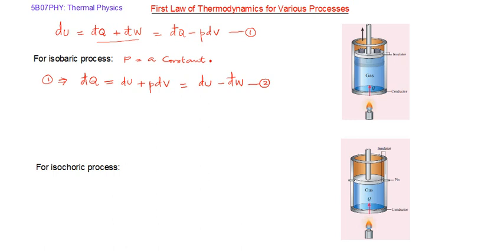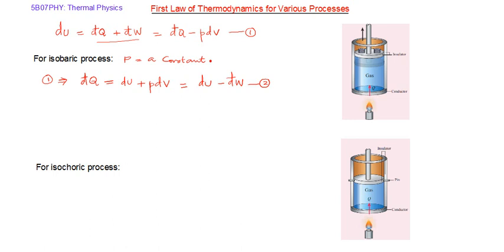So in order to maintain the pressure a constant, the volume will be getting increased, and in increasing the volume, the system will be undergoing expansion, and when expansion is being done, you can say work is done by the system.